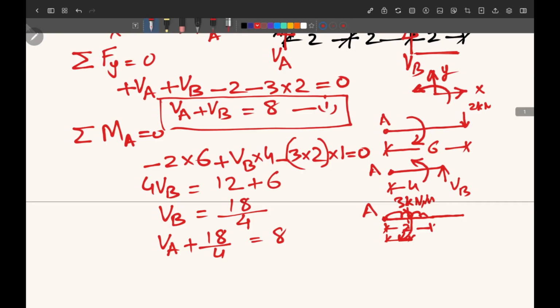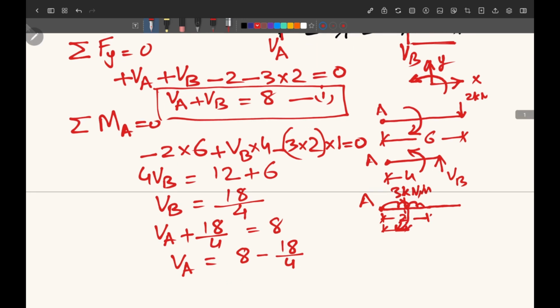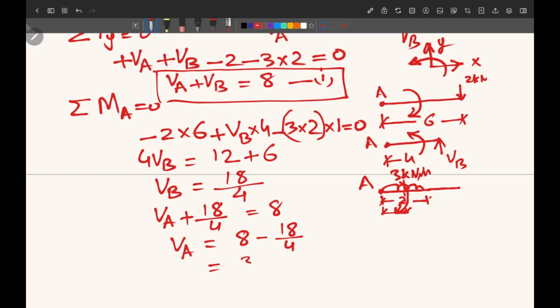Then we can calculate the value of VA, that is 8 minus 18 upon 4. So 8 minus 18 upon 4, and you can say, okay, this will be equal to 32 minus 18 upon 4, which is 14 upon 4.